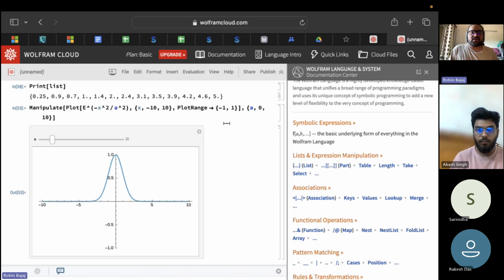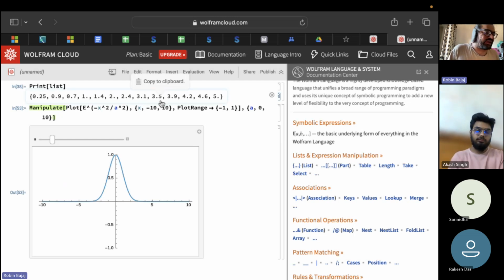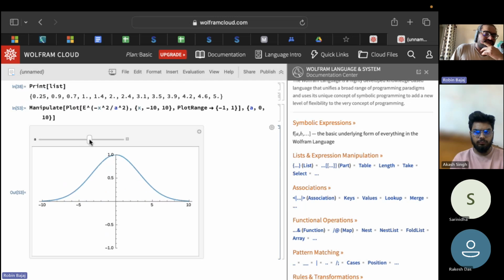I think the initial value was zero. Zero is basically infinity, it would give infinite width to the Gaussian. So we didn't move the parameters. Okay, so this is fine. This is how you can use the Manipulate function and you can animate different sorts of functions using this.